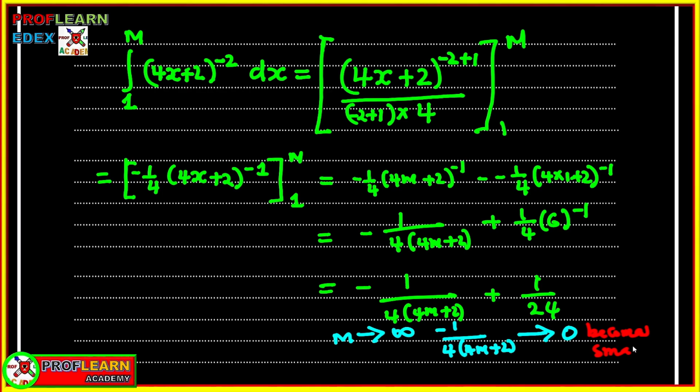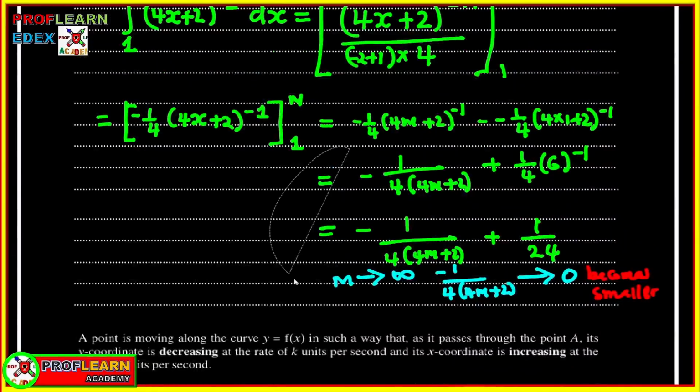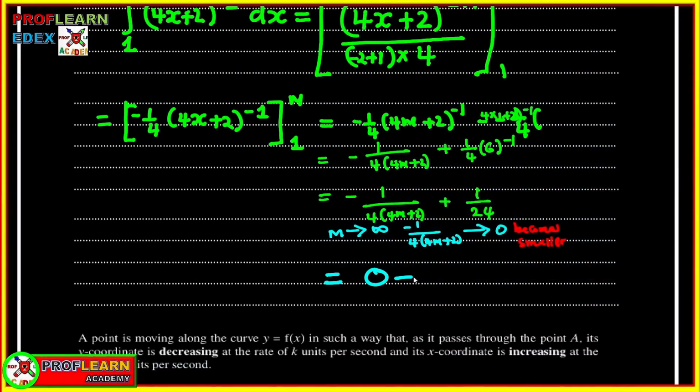That's why we're saying as m approaches infinity, whatever we are having there approaches 0. So we are going to replace 0 in the first part. Then we say 0 plus 1/24, and the final answer in that case is going to be 1/24.